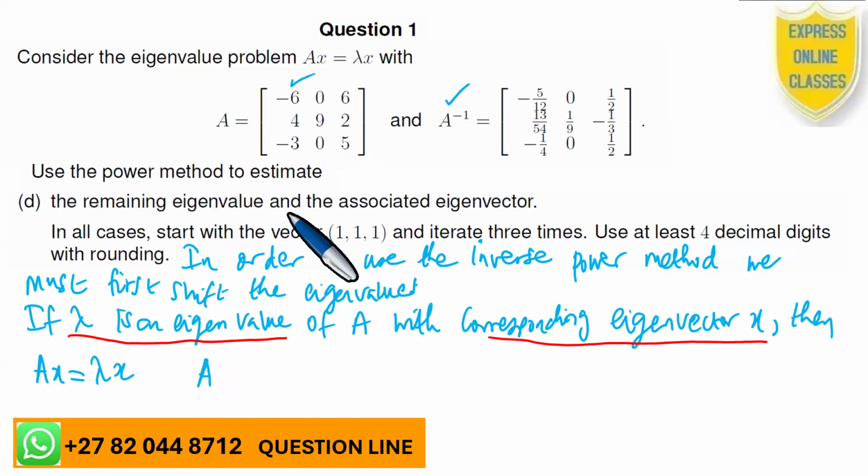This one here. We're going to then have Ax minus, this minus 6 here, and then we multiply these by Ix.